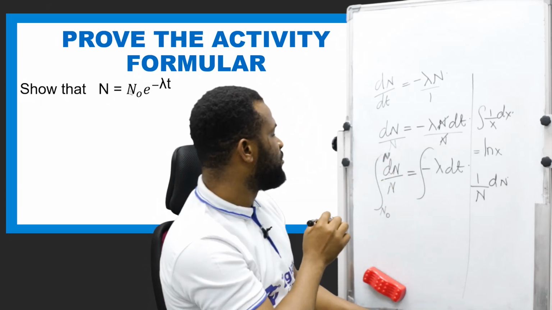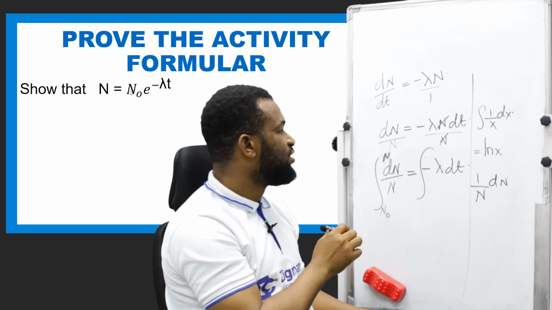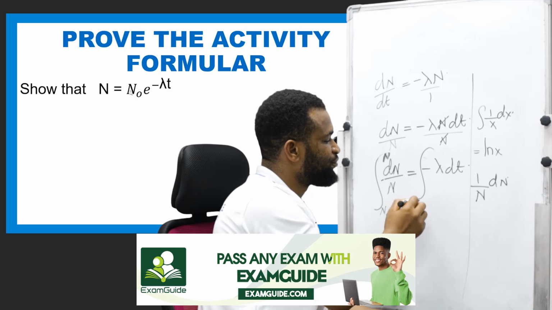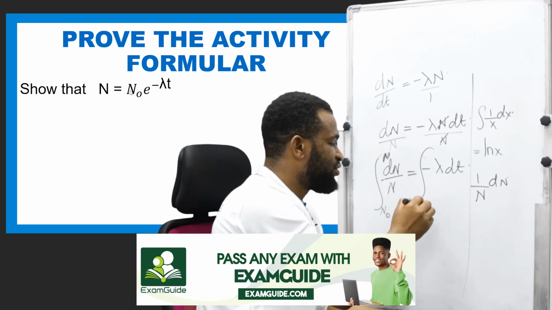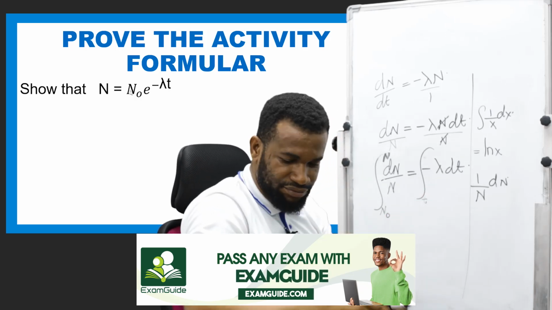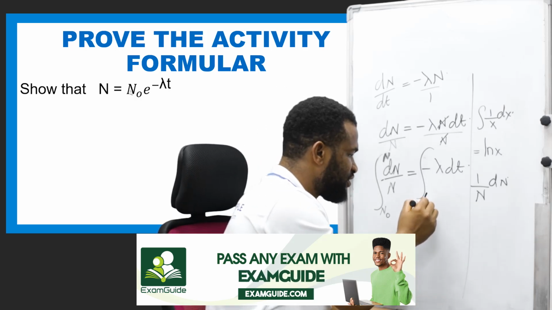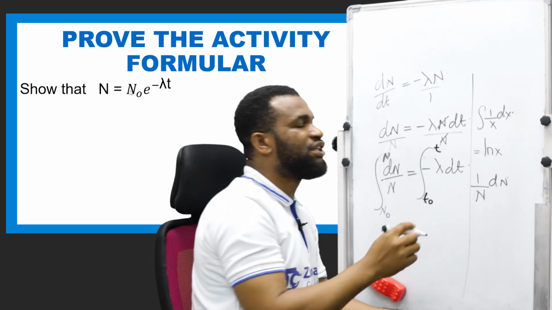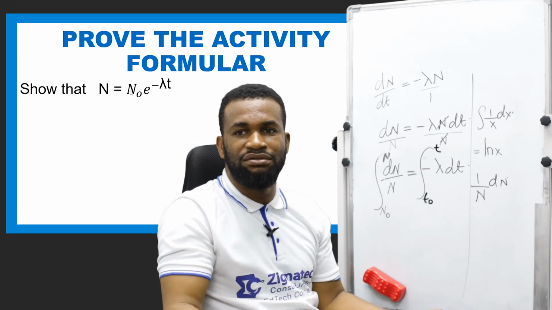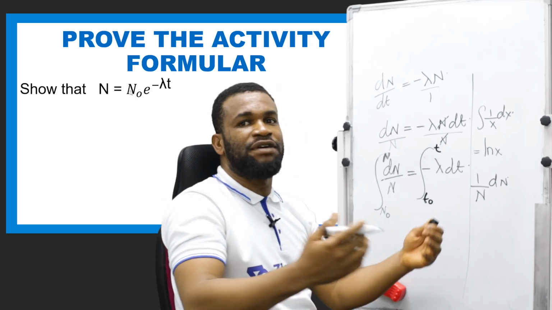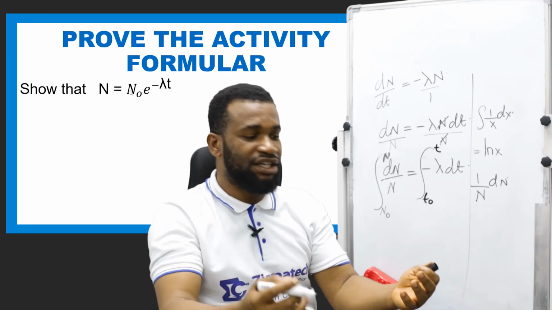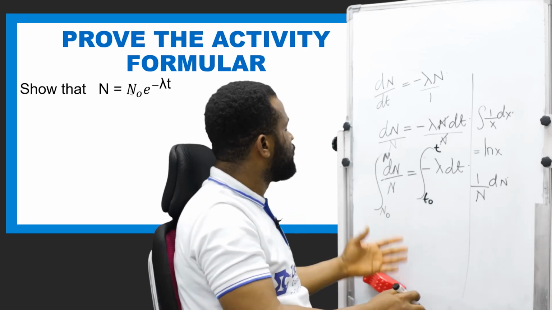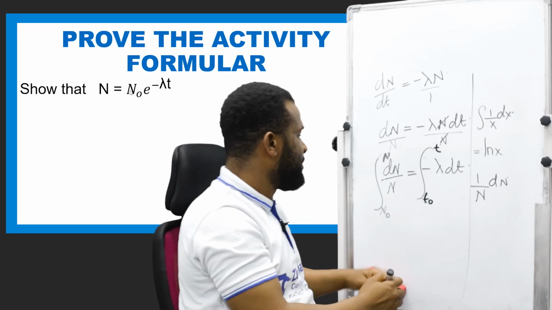The same thing happens: this one must also start from time 0, so t naught. So this is going to start from t sub 0 to a particular time which we don't know. We are looking for that particular time. It could be after 5 years, it could be after 1,000 years, it could be after 5,000 years. So we don't know.